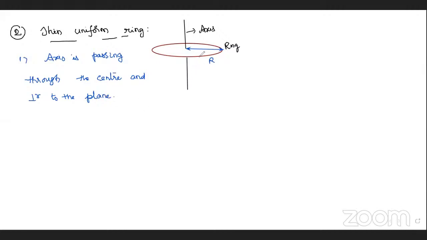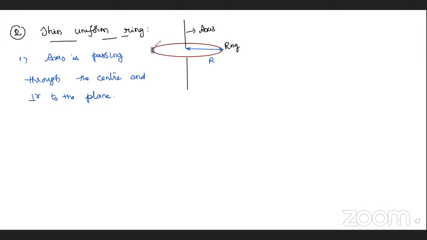Okay, in this case, what is the moment of inertia of the ring? If I ask, it is actually very simple. Why, sir? Look at this: if I assume one point mass anywhere on the ring, somewhere here, like this, look at any point mass on the circumference of the ring.